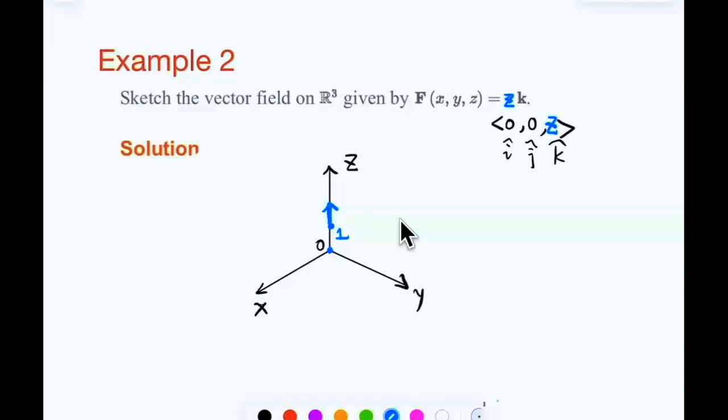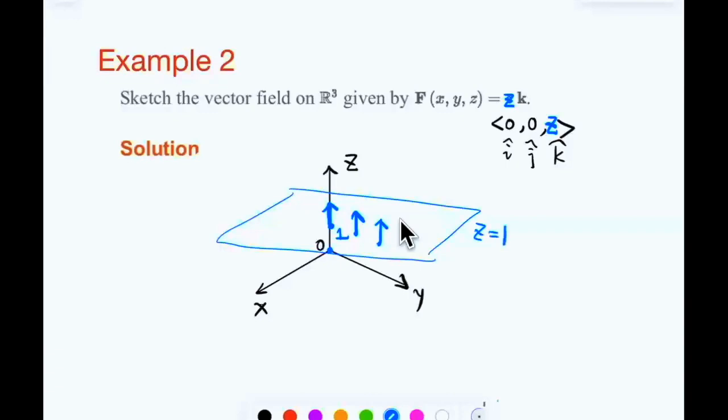Is this a trend? Let's draw more, and then you will get an idea. What about another point that has z coordinate 1? Do they have the same vector? It's the same vector, 1. So as long as z is equal to 1, yeah. So on the plane z equal to 1, let's draw the plane.